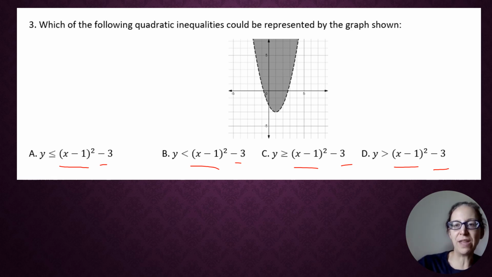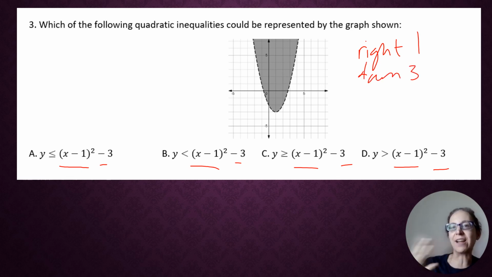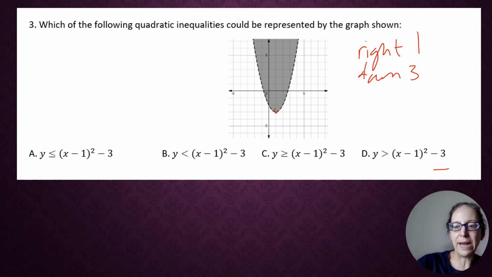So we know that means the parabola is going to go right 1 and down 3. And so I would check that and look at where the parabola is. And indeed, if you look at the coordinates of the vertex there, it is right 1 down 3. So in this case, that does not eliminate an answer choice, but it could in another problem. So we need to look elsewhere for what we can eliminate.